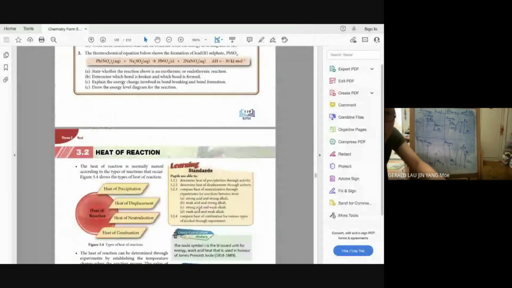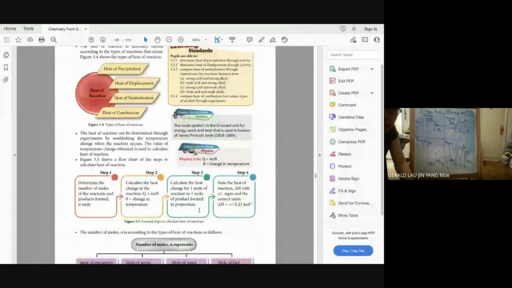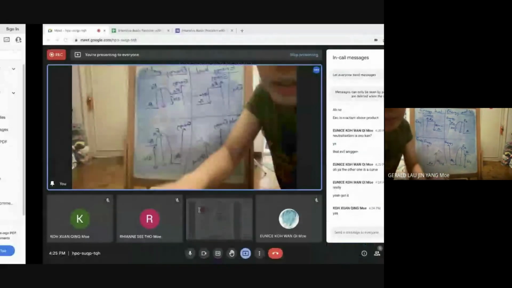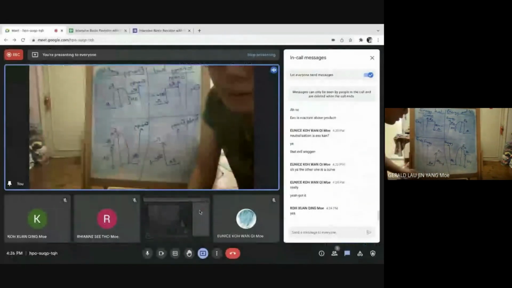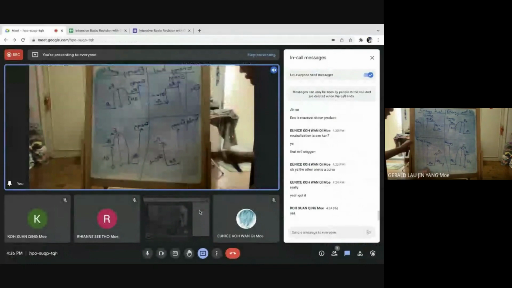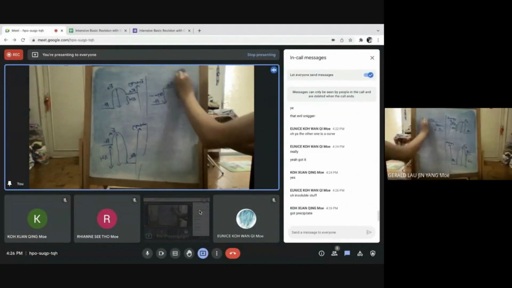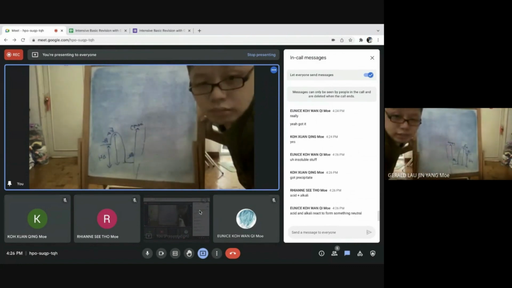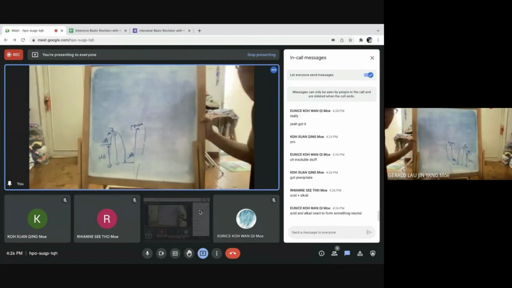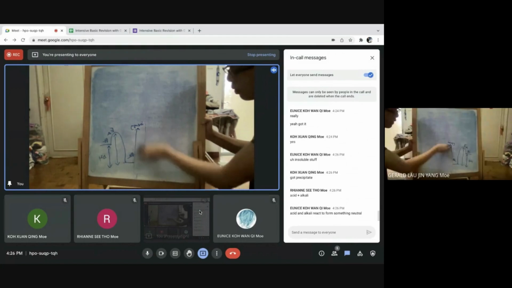Now you look at heat of reaction. We have 4 types of heat of reaction: precipitation, displacement, neutralization, combustion. Now, tell me, what is precipitation? There is a precipitate, insoluble, good. Neutralization: acid and alkali, something neutral, good. How about displacement? Something replaces something and produces heat.